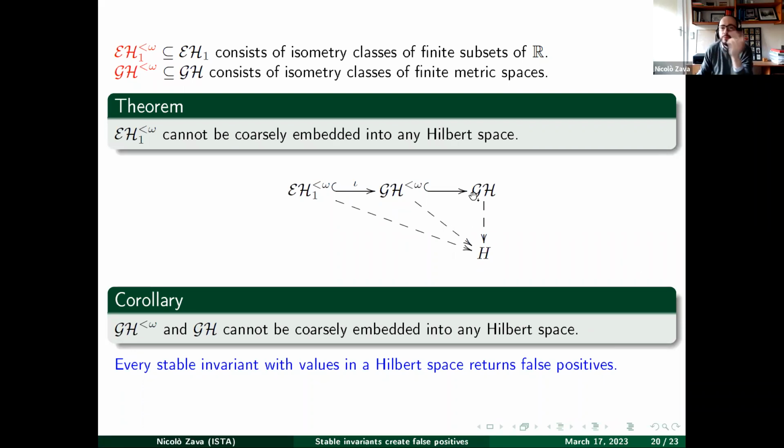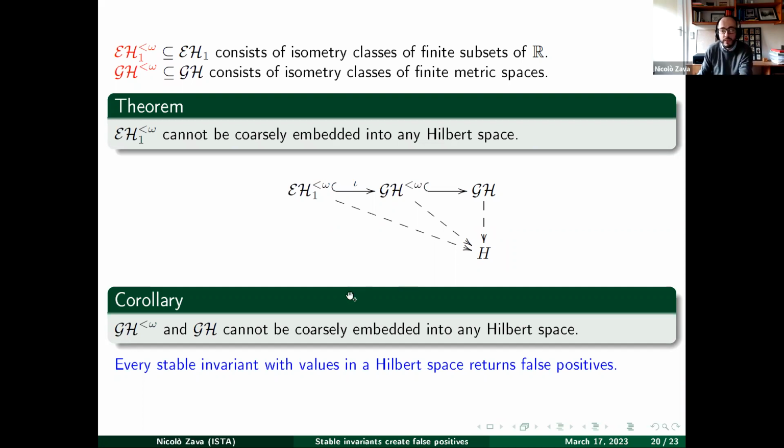Suppose that the Gromov-Hausdorff space can be embedded into a Hilbert space. This inclusion is just an isometric embedding, so it is a coarse embedding. If we compose it with a coarse embedding of the other space, we would obtain a coarse embedding from this space to a Hilbert space, which is a contradiction.